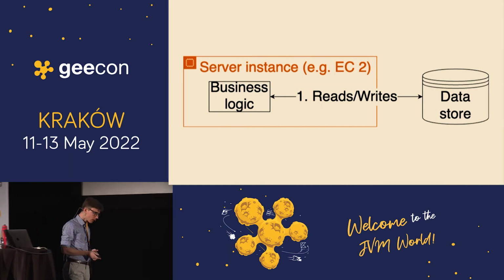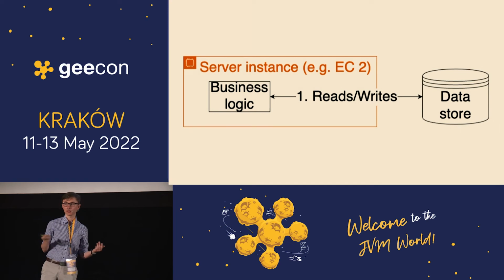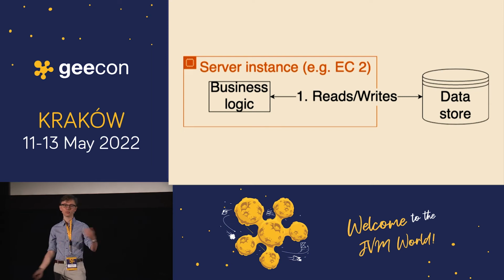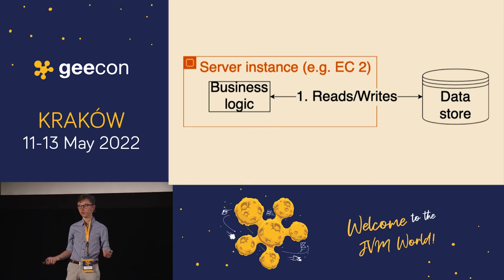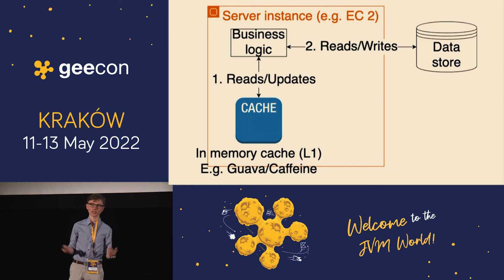So we start with a server or a set of servers, EC2 machines or whatever. We have our business logic, we have some data store, and we do reads and writes to that data store. Pretty standard stuff. After that, we want to improve, or we get asked to improve the latency of our service. We notice that read traffic is 90% of our traffic. Let's do something about that.